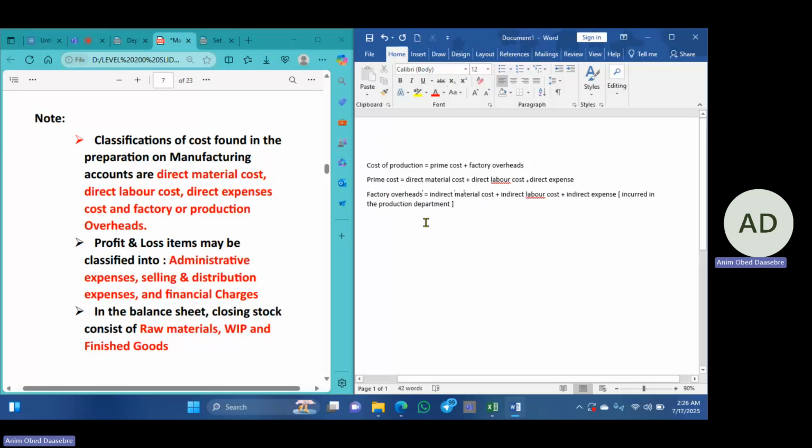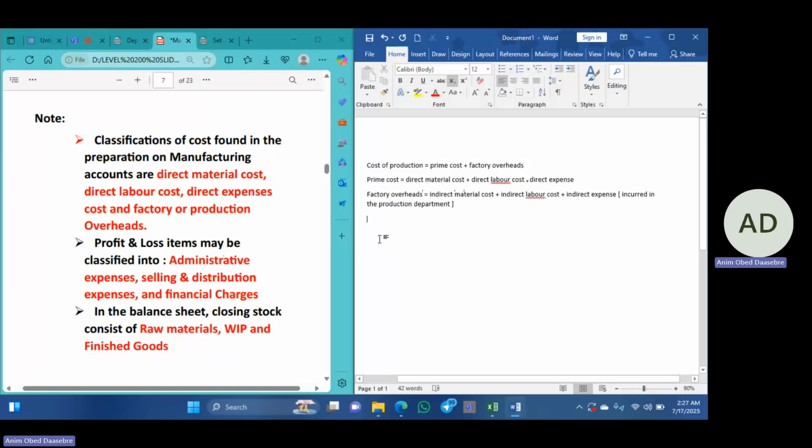Overhead basically means indirect costs. But of these indirect costs, we have factory overheads and non-factory overheads. The non-factory overheads go toward the income statement, which is the second account that you are going to prepare. Do you get it? And the factory overheads come into the manufacturing account, and the non-factory overheads go straight toward the income statement.